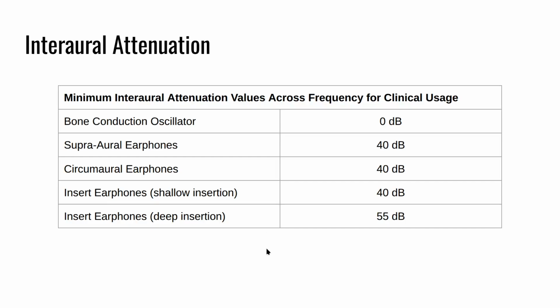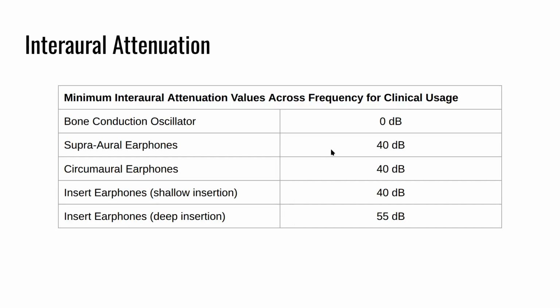So here is a table of minimum intraoral attenuation values that are used across frequency for clinical usage. Now bear in mind that often, not always, but often these intraoral attenuation values do vary across frequency, but it's most common for us to use one number clinically so we don't have to memorize different numbers for every octave frequency.